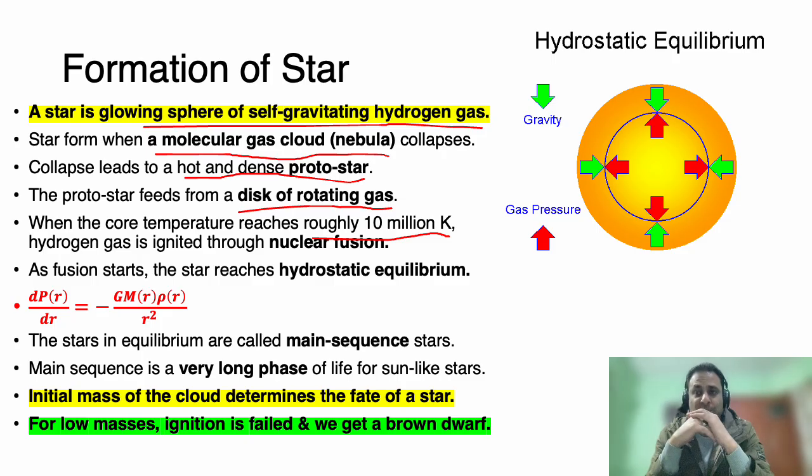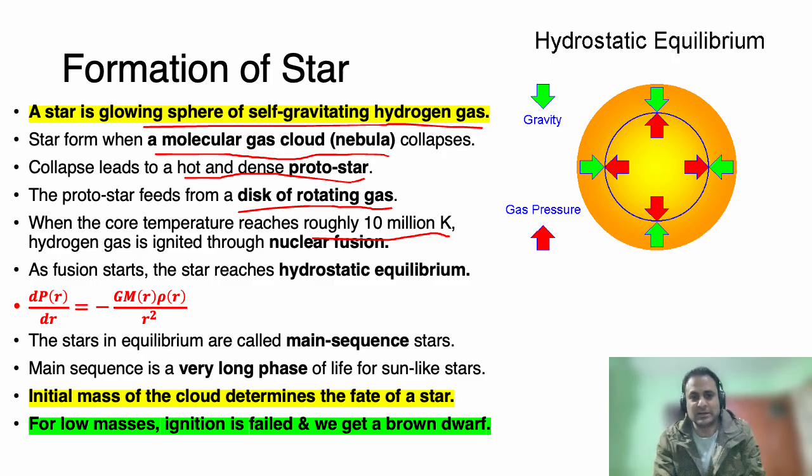So it's a protonic gas. Protons are both positive charges, and positive charges repel each other, so you need a very high temperature to fuse them together. At roughly 10 million Kelvin, the hydrogen nuclei start to fuse into helium. So hydrogen starts burning into helium, and this process is called nuclear fusion.